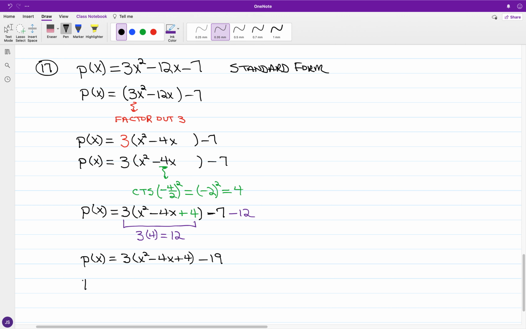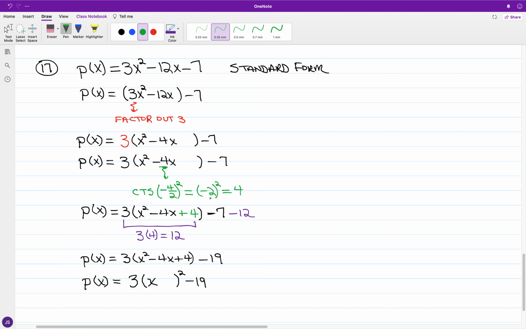And then, in terms of writing p of x in vertex form, we have 3 times. For the binomial, x squared is going to be the square of x. For the constant, you're going to fill in the number that you squared just moments ago.